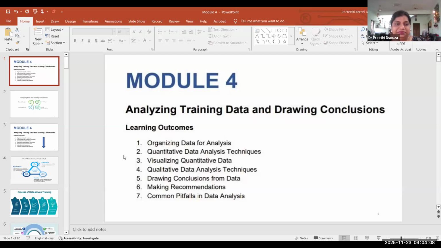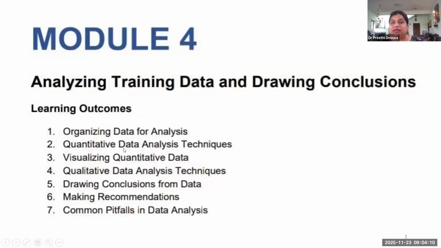Okay, here we start. Once again, warmest greetings of this nice Sunday. We are here exploring the concept of training evaluation. First chapter, Foundation of Training Evaluation, where you understood the basic essence and terminologies of training as well as evaluation.